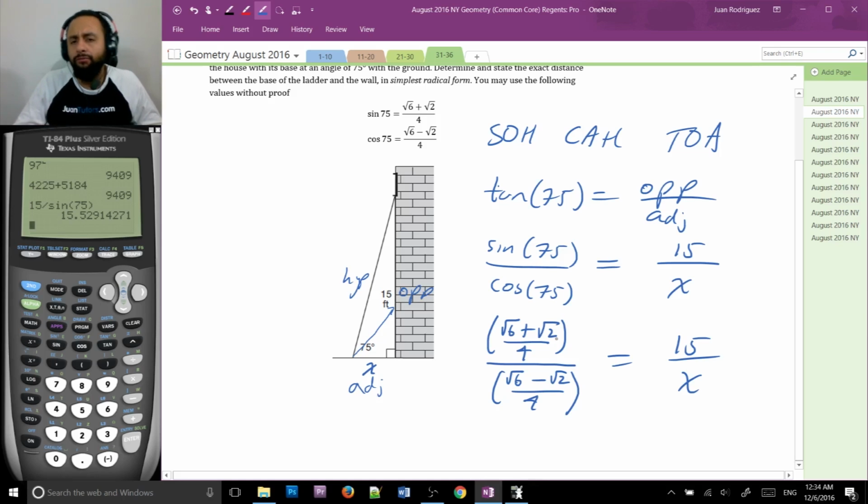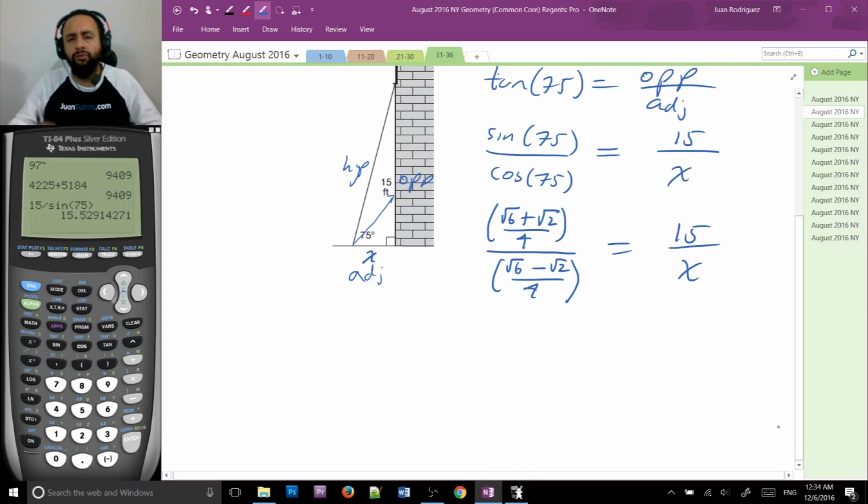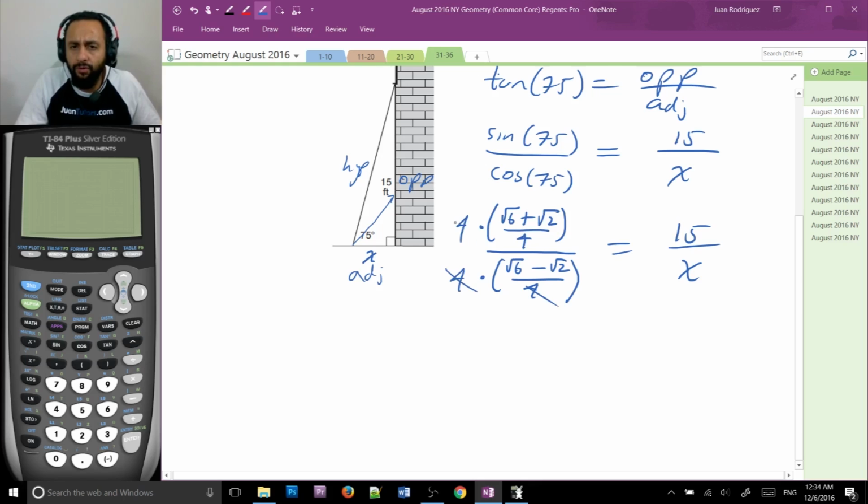I see, for example, on the left side, we have two rational expressions, one on top of the other. Let's get rid of one denominator from each of those by multiplying by 4 in both the numerator and the denominator. So that 4 cancels this 4, that 4 cancels this 4, and we get radical 6 plus radical 2 over radical 6 minus radical 2 equals 15 over x.